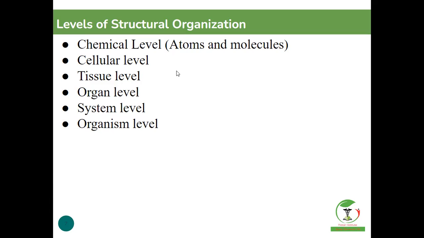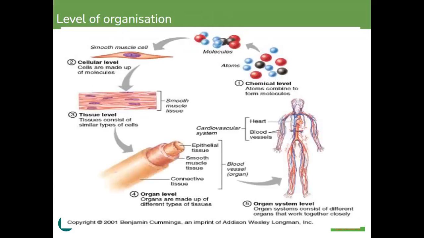And then we can also go back to our earlier organization of the cell level, the tissue level, organ level, system level, now a fully existing organism which is able to carry out metabolic processes.